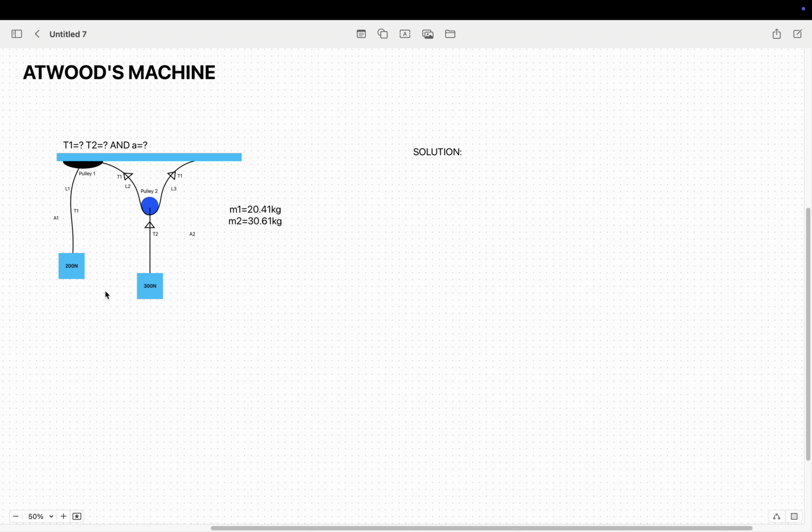Some people will just think from common sense that it's in favor of the 300 Newton, so the direction of the acceleration will go downwards, because the object weighing 300 Newton is greater than 200 Newton.